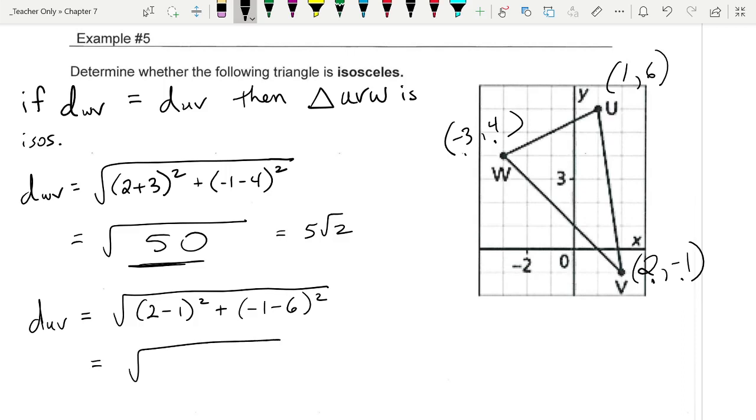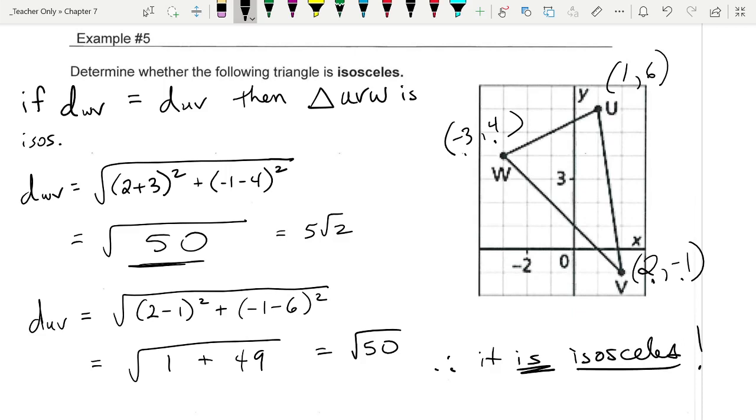Oh, I think you're wrong. 1 plus 7 squared is 49, isn't it? Yep. Therefore, it is isosceles. Scalene. Yay! And that's the distance formula. That's how you use your new distance formula.